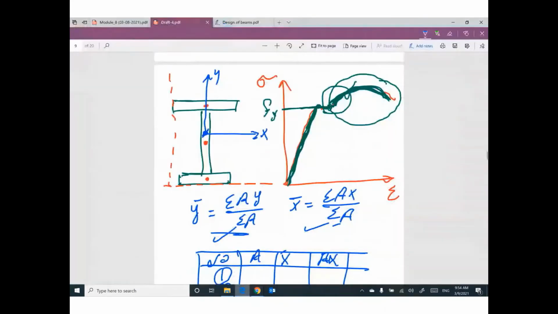Unfortunately, this centroid and this horizontal line is called the elastic neutral axis. This centroid and this neutral axis must be called the elastic neutral axis.